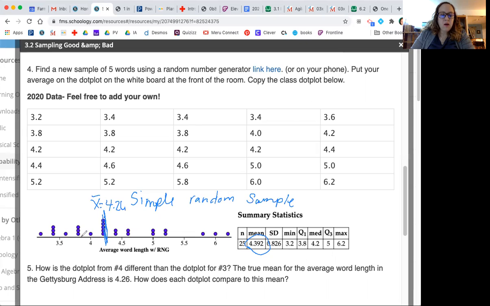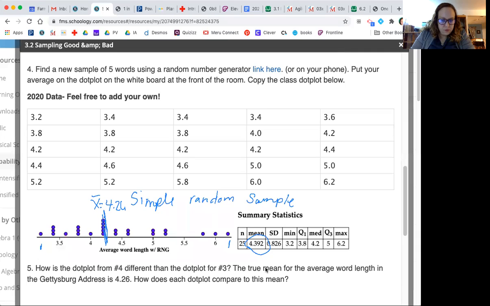We can also notice the range of our data, which goes from 3.2 to 6.2, is smaller than the range of the data that we had before. We have less variability within our data. We have many more data points that repeat and are closer together.